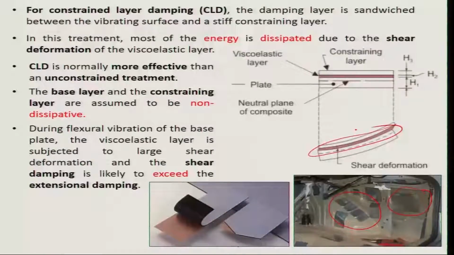Viscoelastic materials are generally very responsive to shear. Hence, more energy dissipation is possible in this manner, and that is why constrained layer dampers are generally much better in comparison to the free layer damping. They actually exceed the extensional damping that you find for the free layer damping situation.